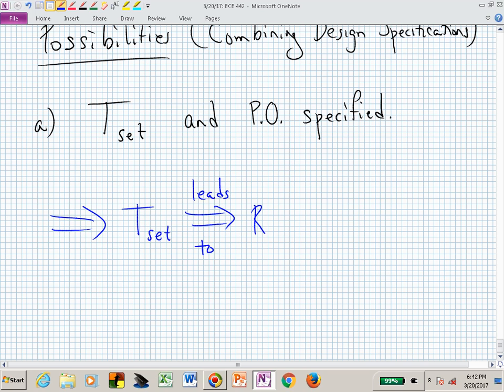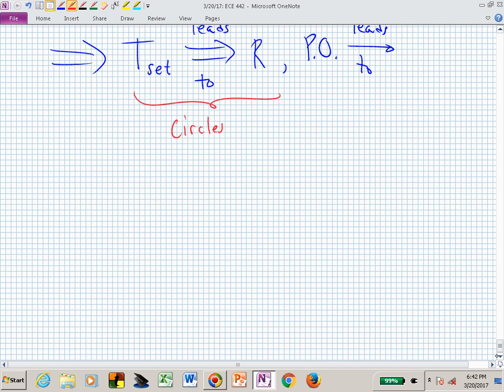T settle leads to R. Percent overshoot. So this is now circles, or if we wanted to think of that, a settling time is now giving us something like that in the z-plane.